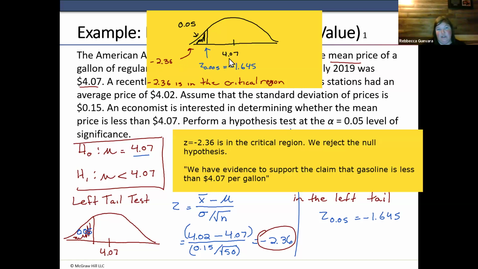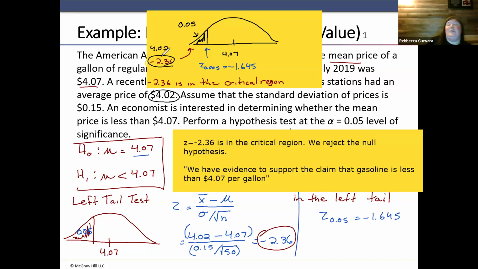This score here is so far away from 4.07. This, if you remember, grab another color, this here is representing the 4.02, which we got from the sample.